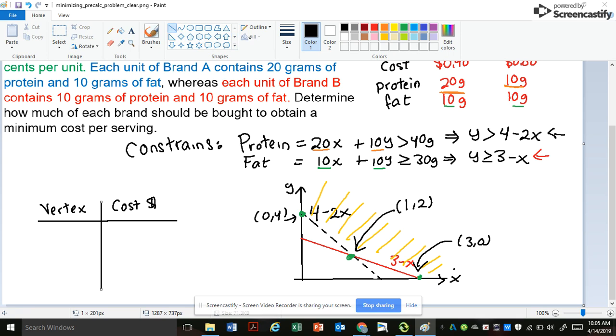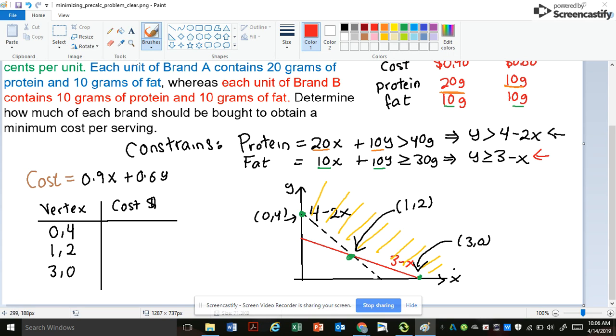Our 3 points correspond to (0, 4), x and y, (1, 2), and (3, 0). The function for the cost is given by the expression: cost equals 0.9x plus 0.6y. This is what we call our objective function, which is relating to the cost, right? Remember, the cost for each of them here is 90 cents for A and 60 cents for B.